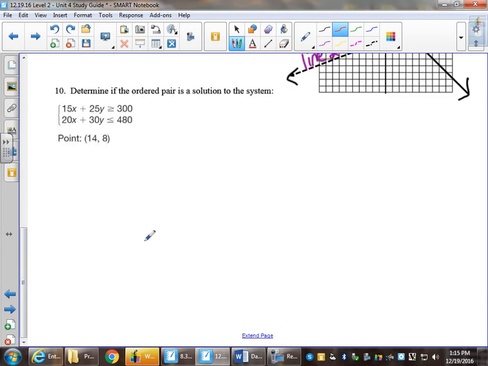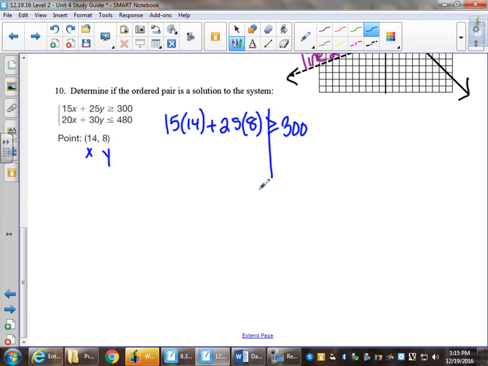For number 10, you're asked to determine if the ordered pair is a solution to the system. For that to be true, we have to be able to plug in this inequality into each, and they both come out true. So let's see if that actually is the case. So this will be 15 times 14, right, because I'm plugging in x is 14, plus 25 times 8, because y is 8, greater than or equal to 300.